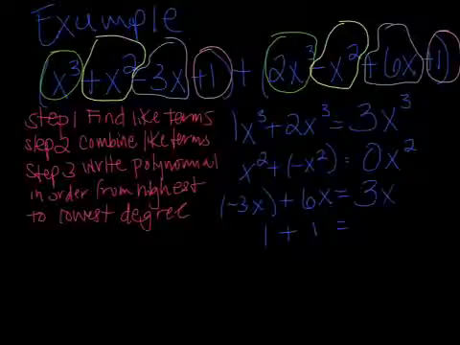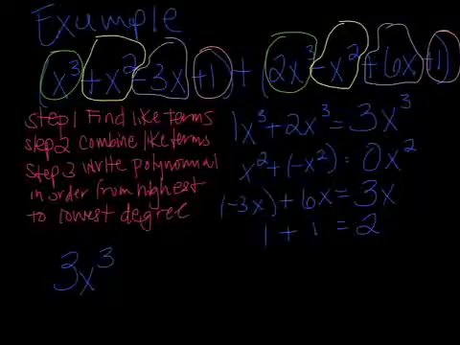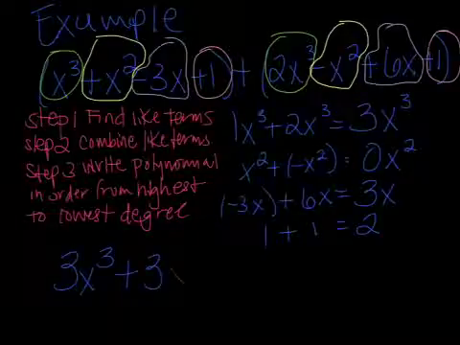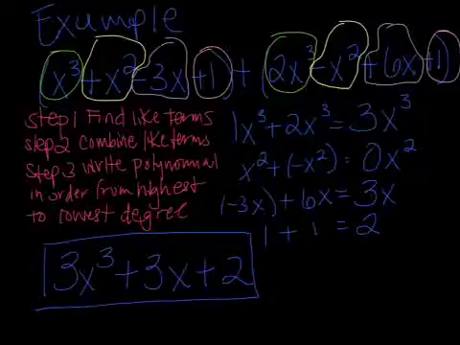We're left with 3x, and 1 plus 1 we know is 2. So we've combined all our like terms, so now we're going to rewrite the polynomial with our final answer, which is 3x cubed. There's no x squared, so no need to write it, plus 3x plus 2. And there we have a combined polynomial.